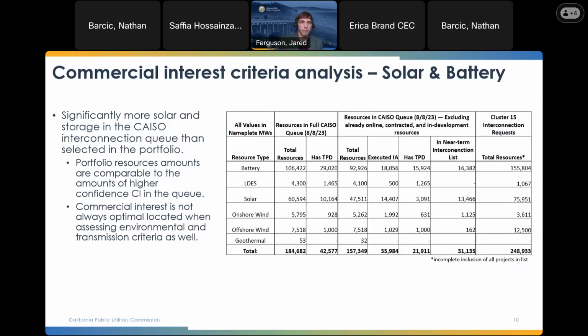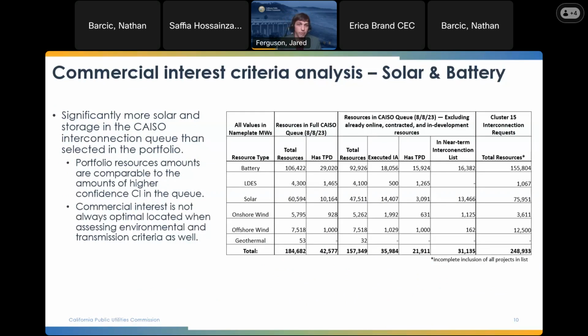So that was the rundown of the environmental societal impacts and land use criteria. I'm now going to switch over to the commercial interest criteria analysis for these resources. This table shows the amount of resources in the ISO interconnection queue by where it is in the process.